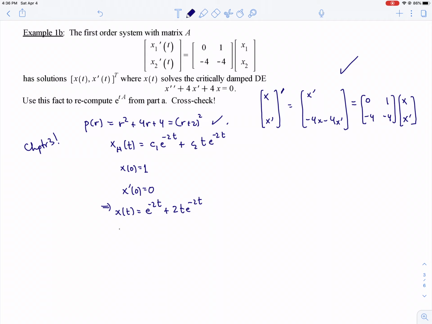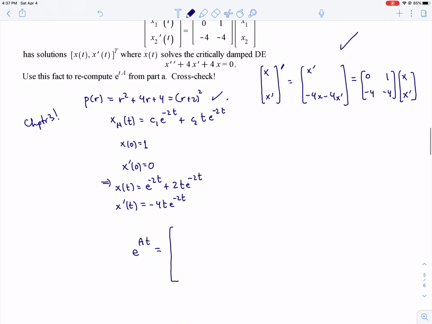And x prime of t will therefore be minus 2 e to the minus 2t, plus a 2 e to the minus 2t, minus a 4t e to the minus 2t. And when I'm looking at e to the tA, x, x prime, because those are the x1, x2 for this initial value problem, will be the first column.